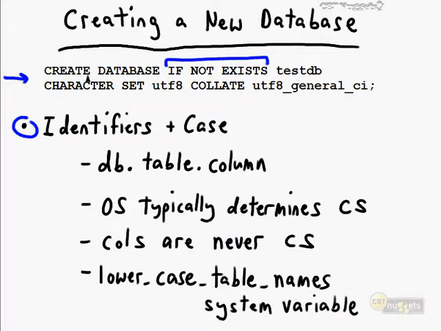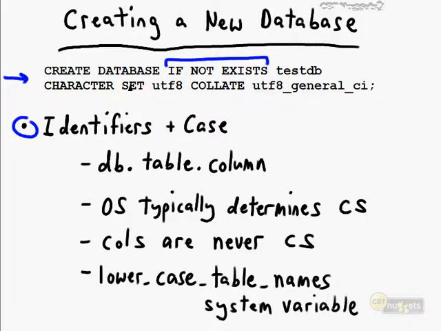So in this case, we'll be instructing MySQL to create a database called testDB, and if there happens to be a database by this exact name on the current MySQL server, then you'll simply get a response back, query OK, 0 rows affected, and nothing will happen. And this is nice because we certainly don't want to unintentionally blow away an object like a database or a table. So if not exists is cool.